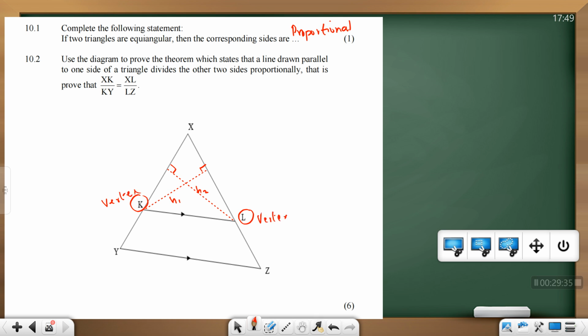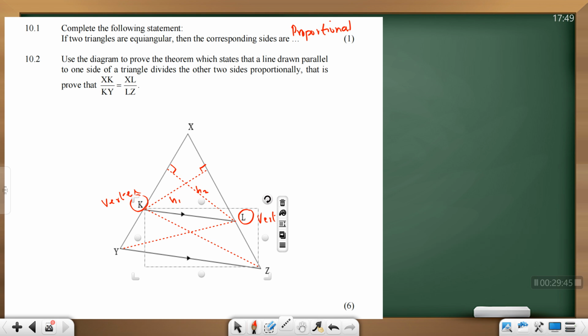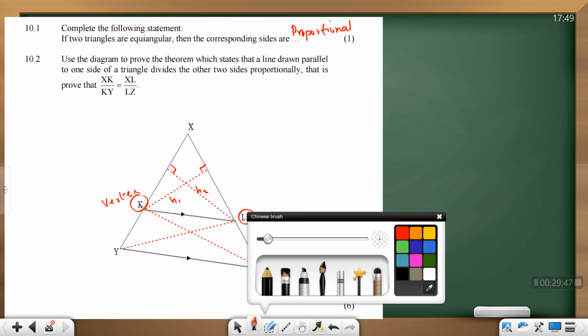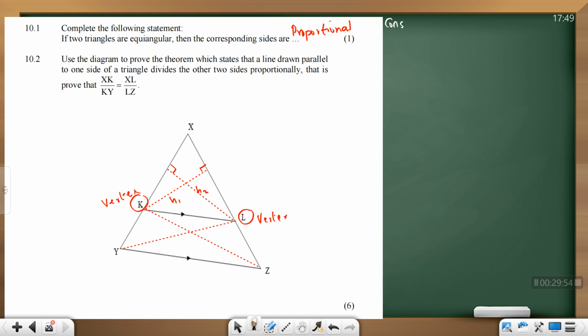Also the vertex. KY. Join that one. So take note. That's what you're looking at. I'm going to start very fast. Construction. Please, you must write the construction there.